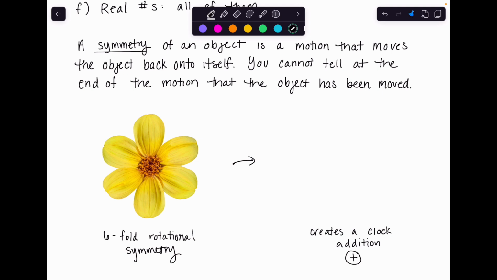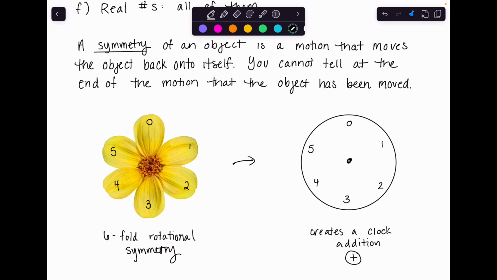Okay, so basically you can consider all of these petals to have a number. It's 6 petals, but really we're always going to start at 0. So that's petal 0, petal 1, 2, 3, 4, and 5. So I can create a clock from this with 0 at the start, 1, 2, 3, 4, and 5. And then we've got the center of our clock.